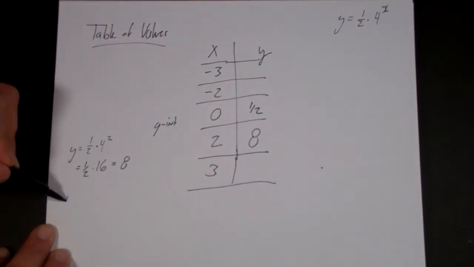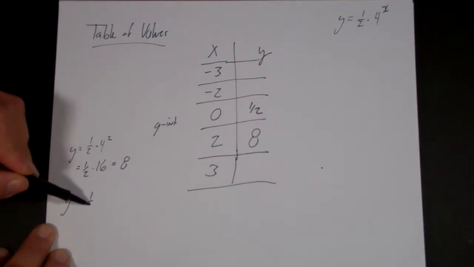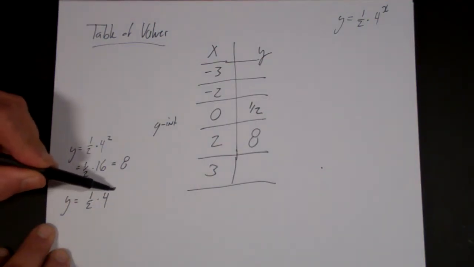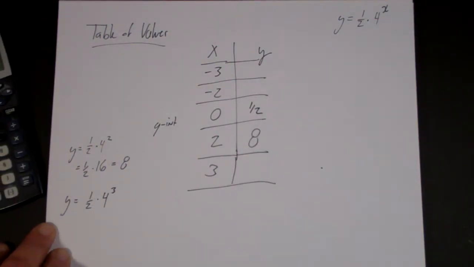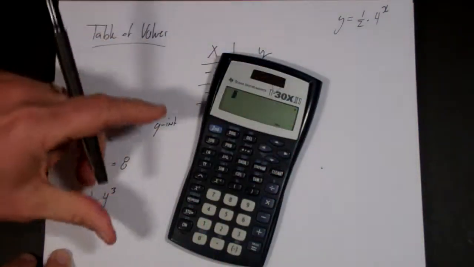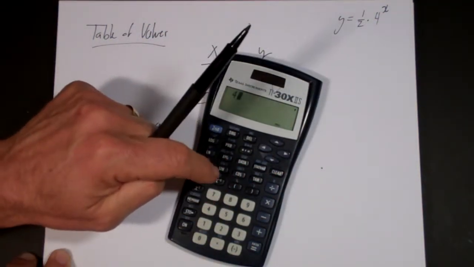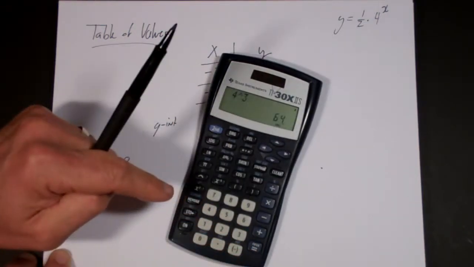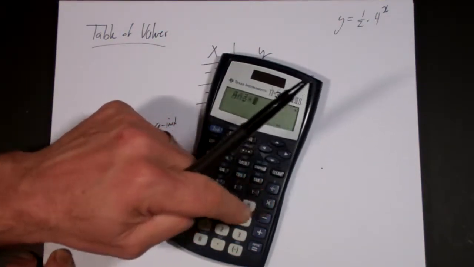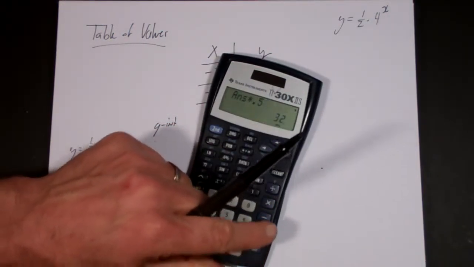And then you're going to do 3. 1/2 times 4 to the third. 4 to the third, let's do that in the calculator real quick. That's 4 raised to the third times 1/2, or 0.5. I get 32.